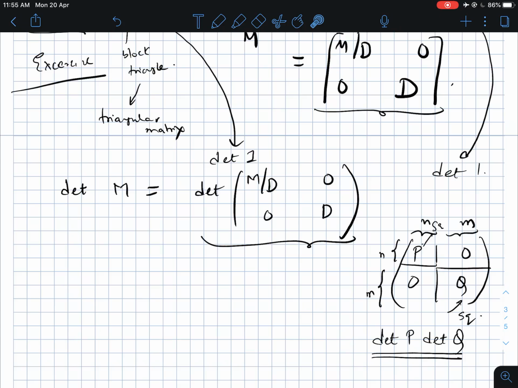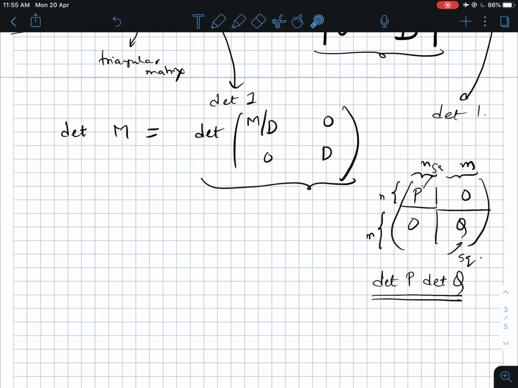Similarly, from the next m rows, I can only pick entries from this portion, meaning from the last m columns, which is precisely again what you would have done when you pick the determinant of Q. So basically using that intuition, you can argue that the determinant of this overall matrix is determinant of P times determinant of Q. I'm leaving this proof aside because it digresses a bit too much from the topic of this lecture, but it is very easy to imagine, because we know the same thing happens when you take a diagonal matrix, right? If P and Q are scalars, P 0 0 Q, the determinant is simply PQ, the product of the diagonal entries. Same thing is happening here when you have block diagonal matrices.